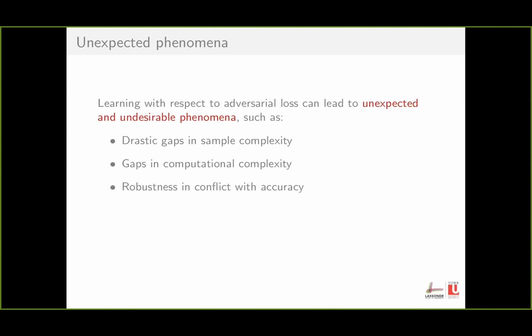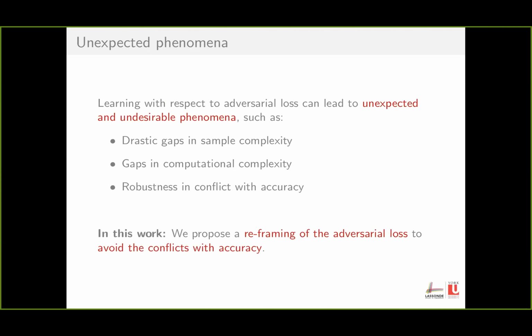It's also been argued that robustness is in conflict with accuracy. I want to focus on this last point in this talk and argue that robustness should not be at odds with accuracy. So what we're proposing in this work is to reframe the adversarial loss to avoid this conflict with accuracy.